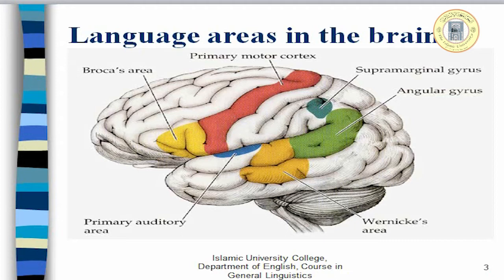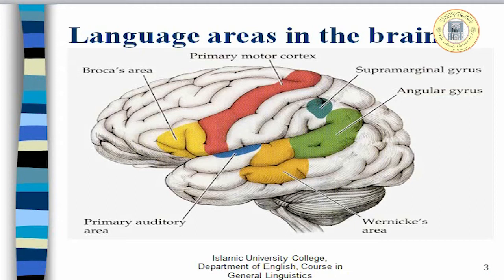The most important part is in the areas above the left ear, in which the areas of language lie. In order to describe them in greater detail, we need to look more closely at some of the gray matter in the brain.